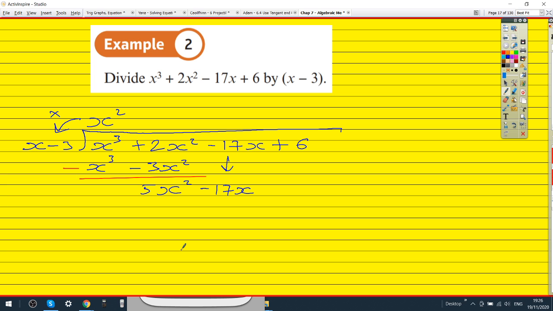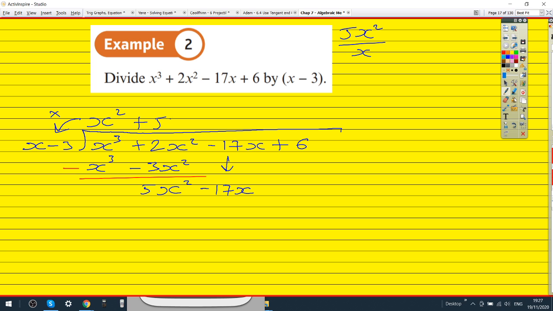You just try to divide x minus 3 into what we now have, 5x squared minus 17x. So what we're dividing by now? These two. So how many times? 5x.